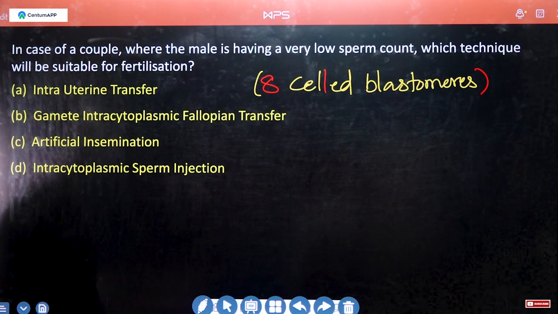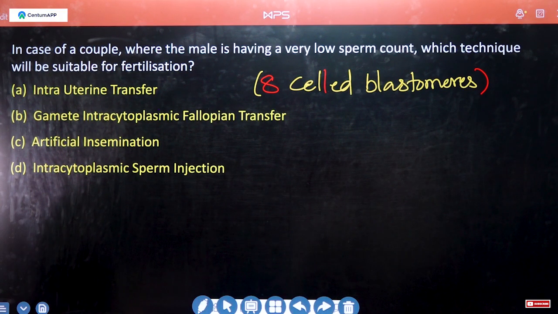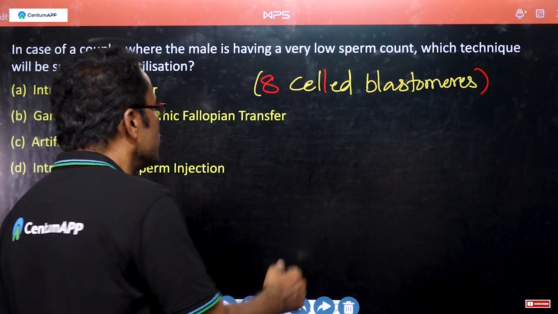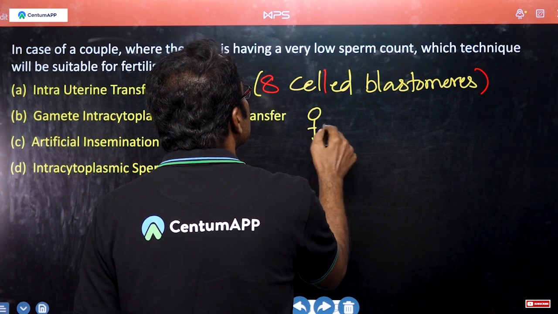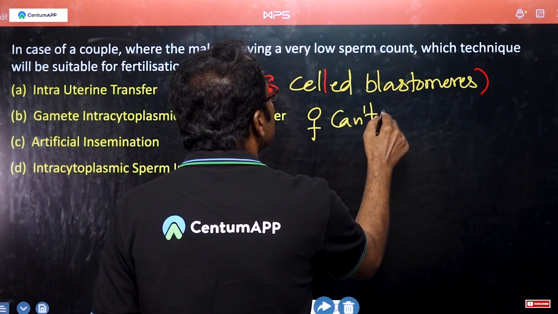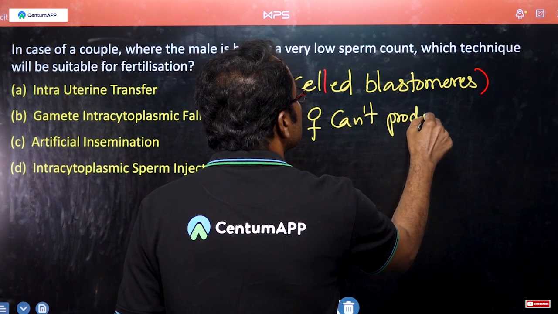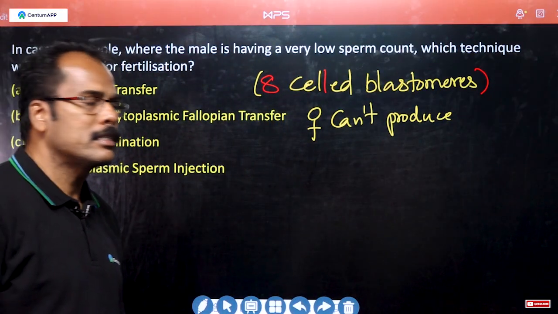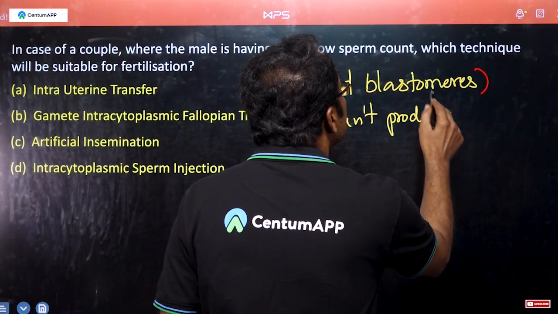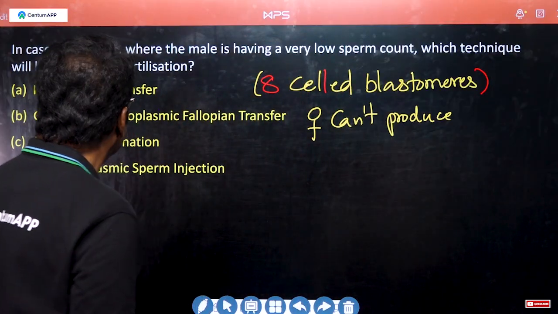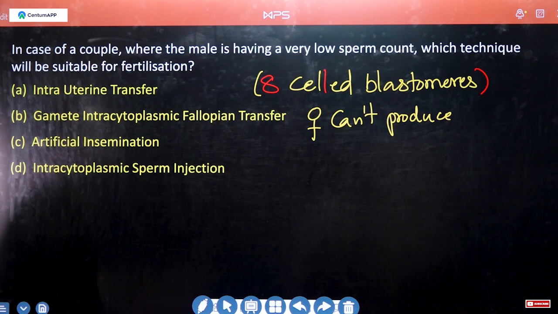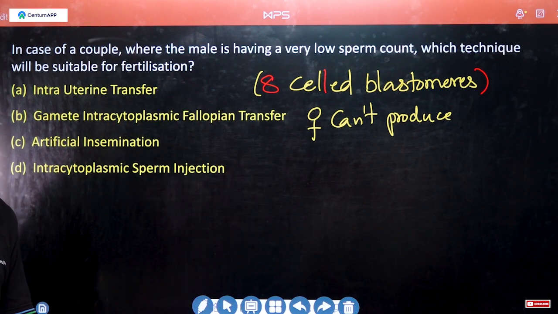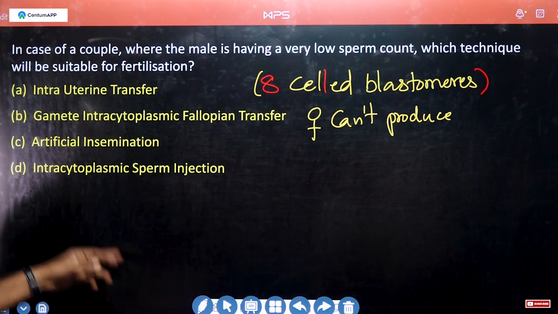Then gamete intracytoplasmic fallopian transfer. In this case, the female cannot produce or release the ova or doesn't have the capacity to fertilize in their womb. In this case, the gamete like ovum can be introduced into the fallopian tube from the donor.